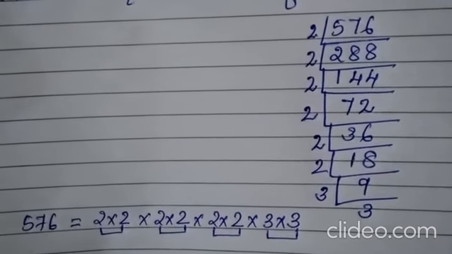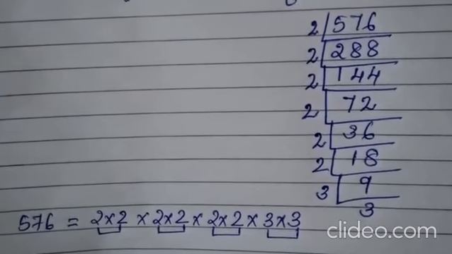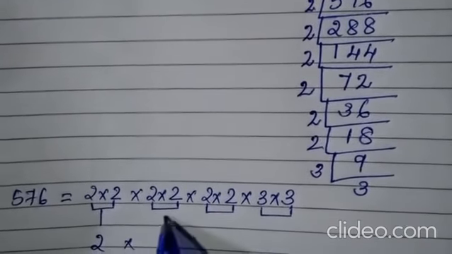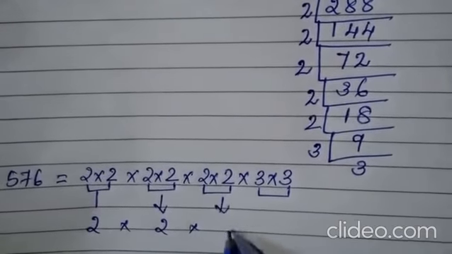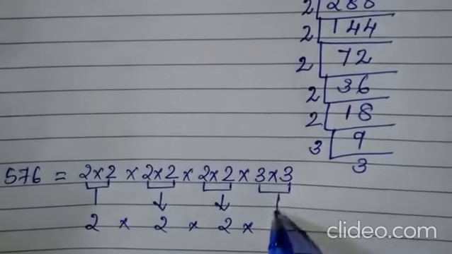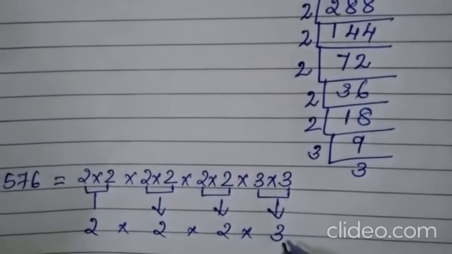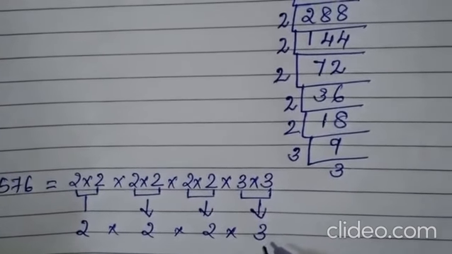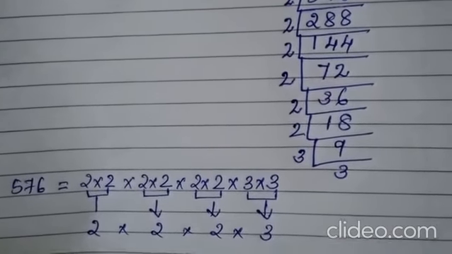Take one factor from each pair and find their product. So, we will take here 2, and from this pair we will get 2. Again here 2. This one 3. Then what we will do? We should find their product, which is the square root of the given number.